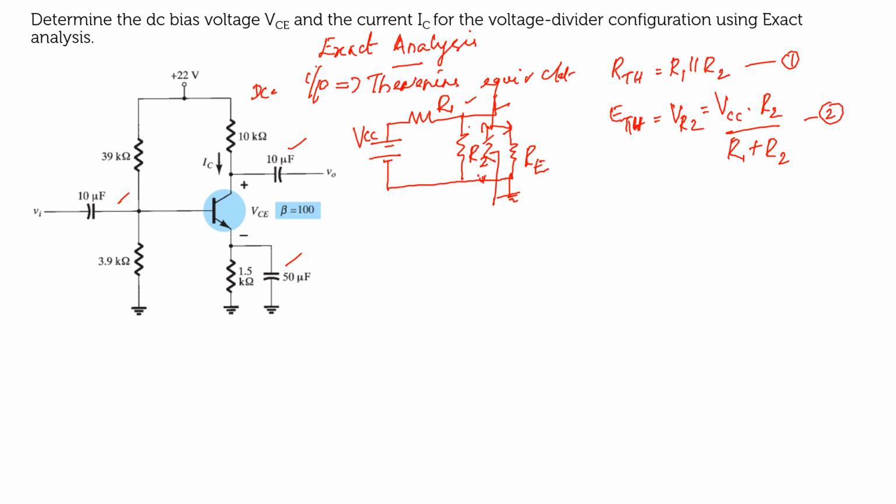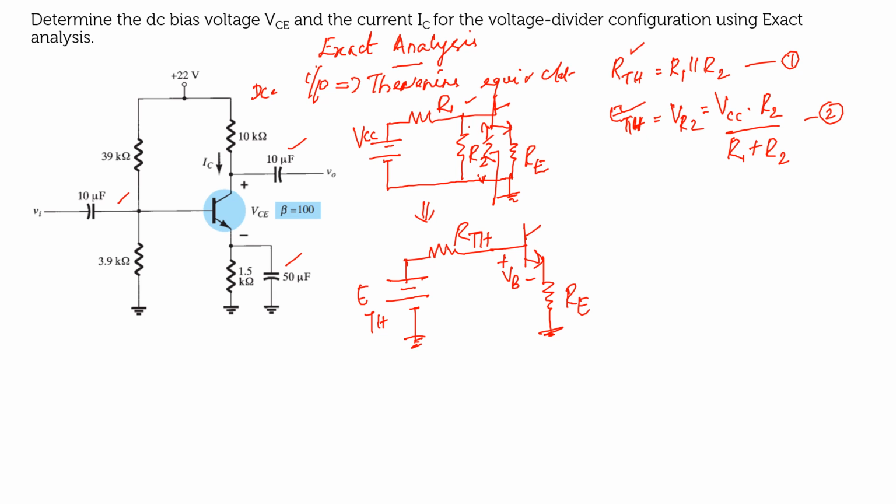Now you have the values for RTH and ETH, so you can reconfigure the circuit into the Thevenin's equivalent circuit, replacing it by ETH with RTH in series, right? And you will have the base, and across the emitter you will have your emitter resistance RE.